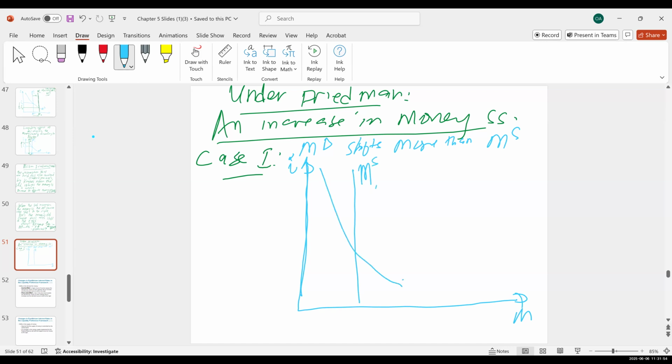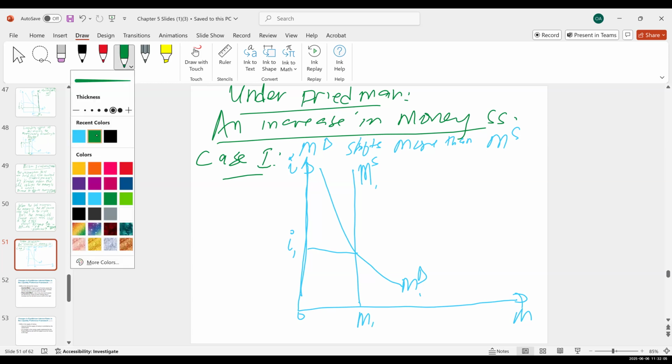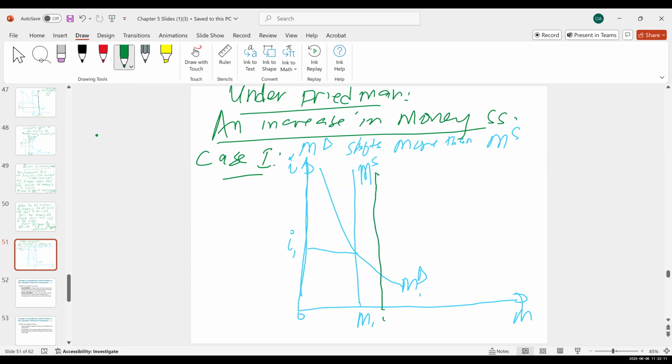If this is the initial money supply and initial money demand curve before the Fed printed money, this was your initial interest rate. And then this is your initial level of what? Okay. So according to Friedman, in this case, when the Fed prints money, the money supply shifts to the what? To the right. But the money demand will also shift to the right, by a larger proportion. See this?